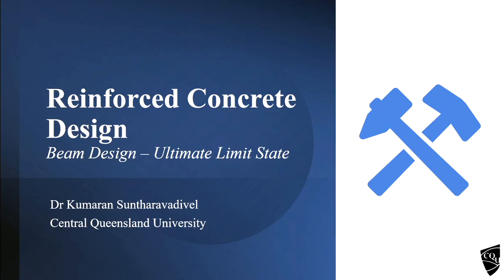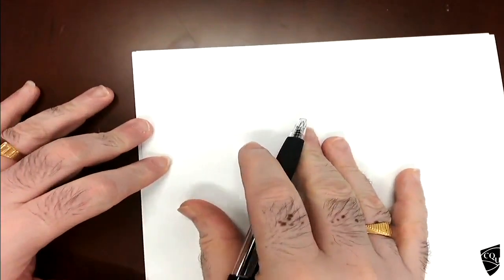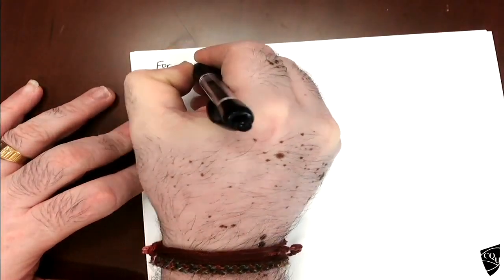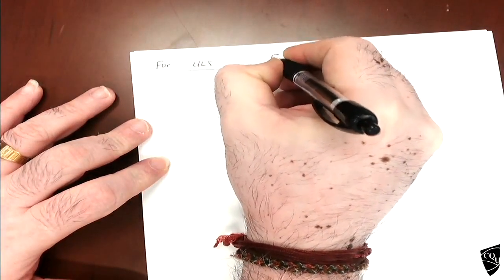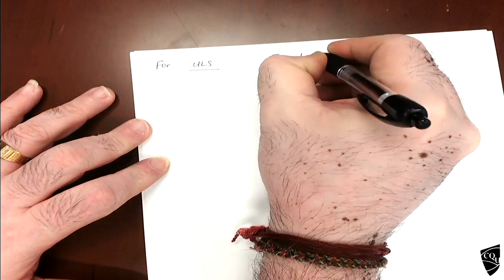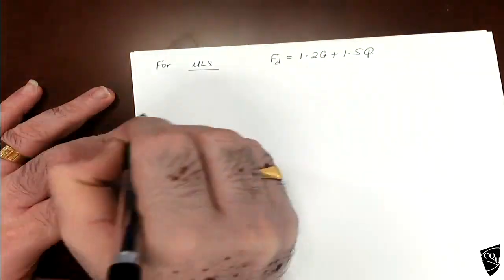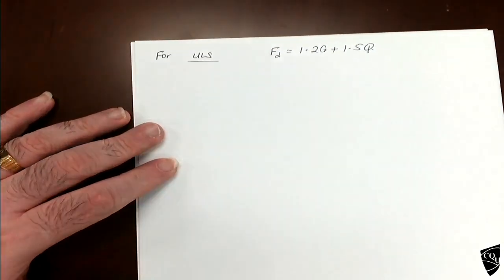In that case, the ultimate limit state will have 1.2 G plus 1.5 Q. That's important for ultimate; serviceability is different. For the ultimate limit state, the design load FD is equal to 1.2 G plus 1.5 Q, where G is the dead load and Q is the live load.